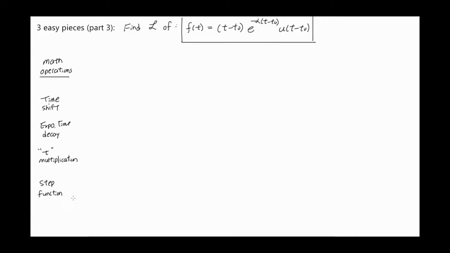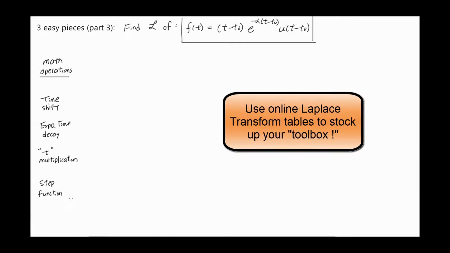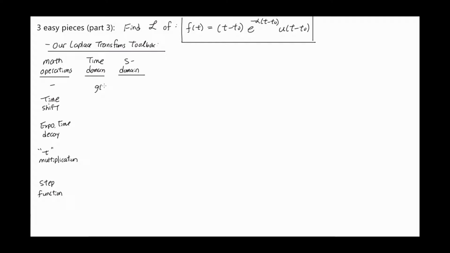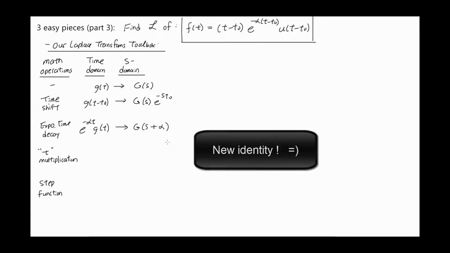Once you've identified all these properties, you should use the online Laplace transform tables to stock up your toolbox. So here we go, the 2 domains in question, where g of t usually transforms to g of s. A time shift in the time domain will usually correspond to a phase shift in the s domain. Exponential time decay in the time domain corresponds to an s shift in the s domain.